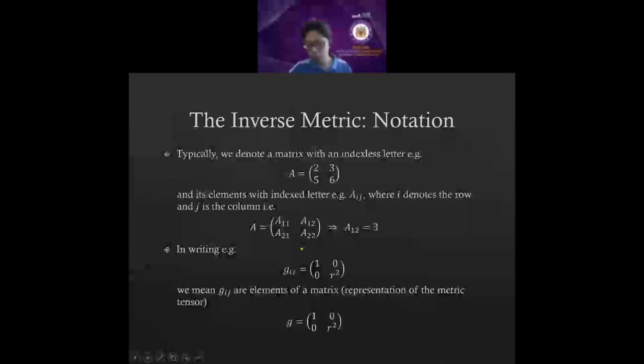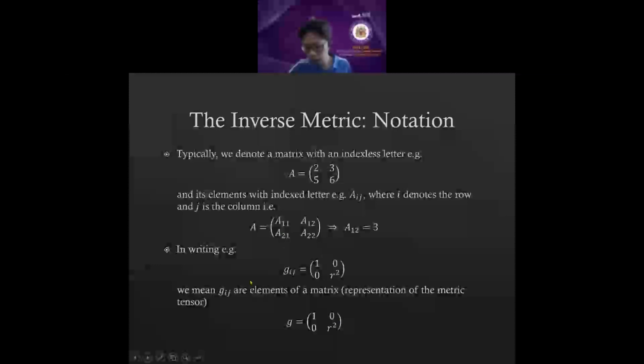Instead, what I really mean when I write this is that Gij are elements of a matrix representation of the metric tensor. This is what I want to say actually. But this kind of notation is common, so I'm just going to keep on using it.